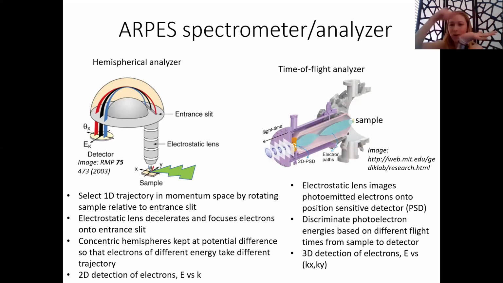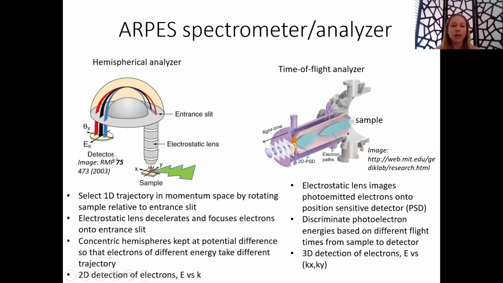If you have an electron between the plates, the electron will get deflected to one of the plates, but with the hemispherical analyzer, the plate curves to follow where the electron would get deflected. So a hemispherical analyzer by default has two-dimensional detection of electrons.